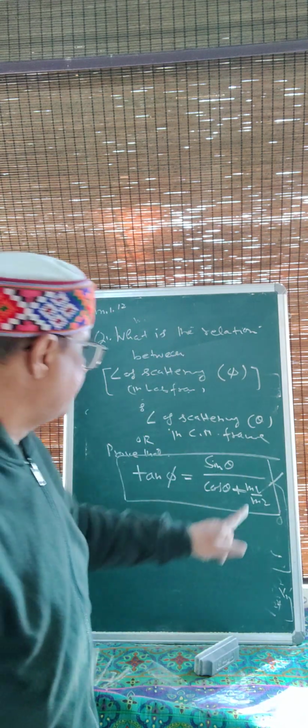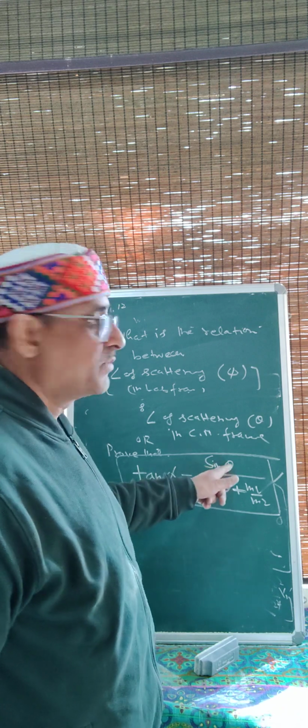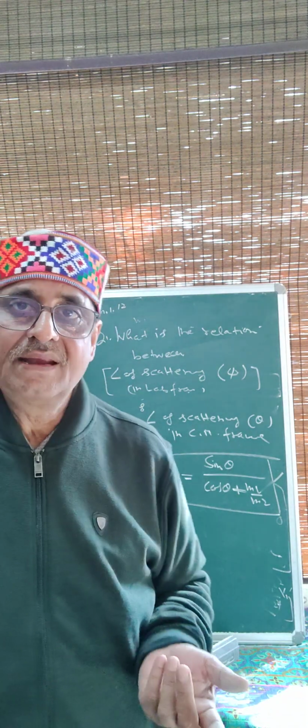So this is the relation between theta and phi. Theta अब आपको पता है, theta is the angle of scattering in center of mass frame, and phi is the angle of scattering in lab frame.